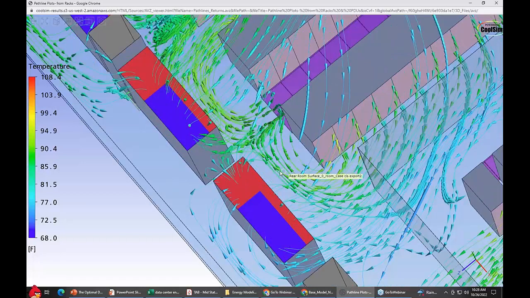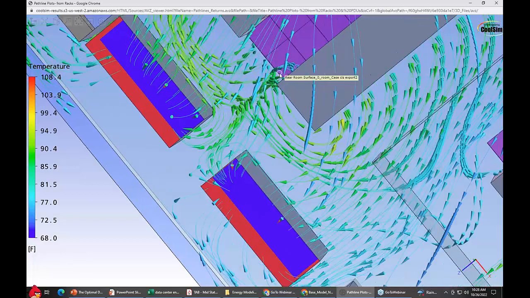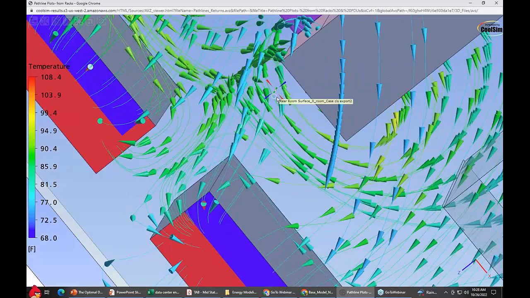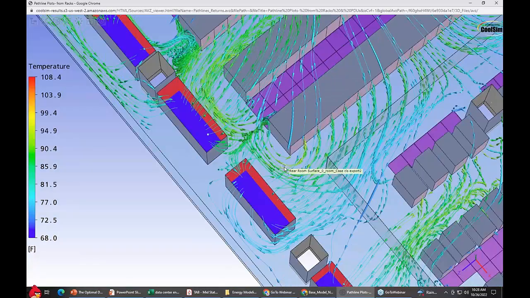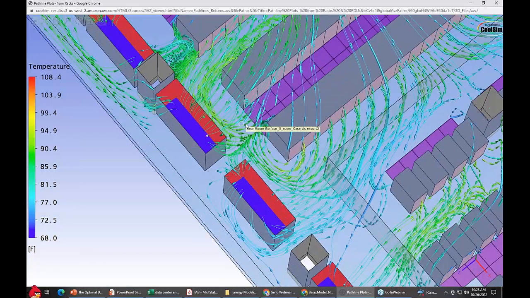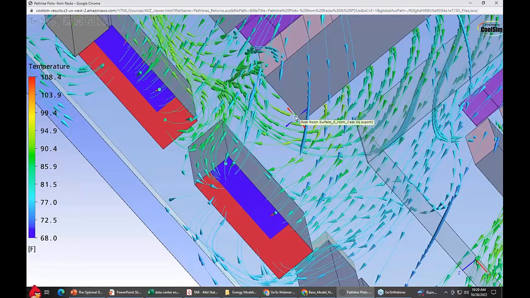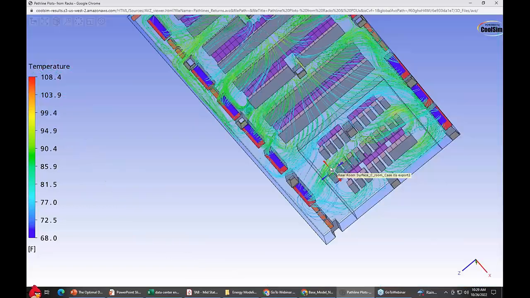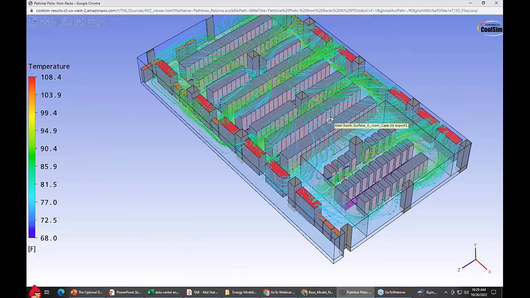It's going right around the outside and not over the top, but around the outside and getting sucked into the intake. So it's breathing its own exhaust. Those are colored by temperature. And you can see quite a bit of recirculation, particularly right there on that top edge, which is where we were seeing the hotspot earlier. So this allows you to look at your data center and see where the problems exist using these graphs, plots.